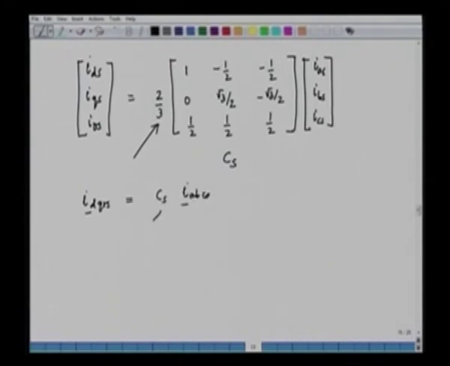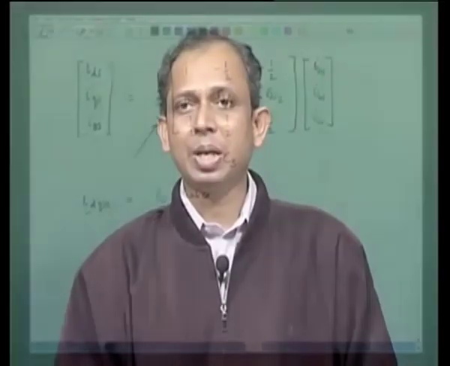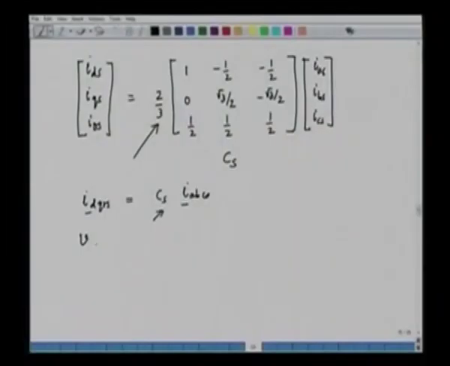So the transformation is valid for the current; it can transform IABCS into IDQOS. The same transformation can be used for the voltage, and I can also use the same transformation for the flux linkage.